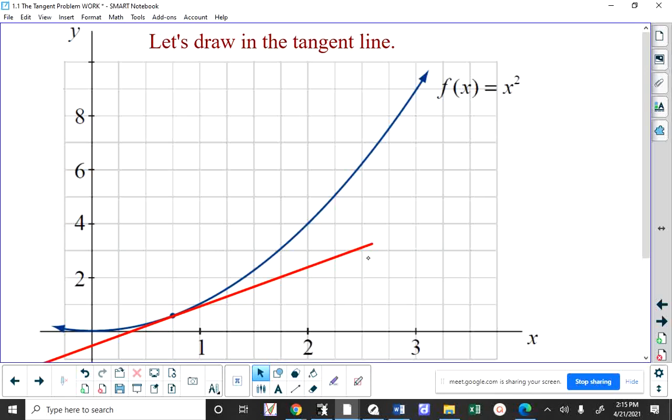Doesn't have to be perfect. So we want to determine the equation of that line.